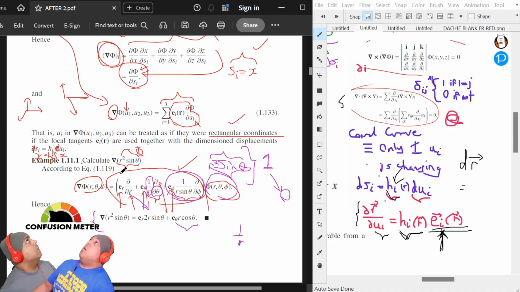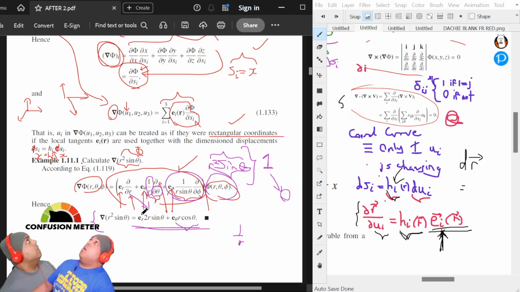So the gradient of the scalar field r squared sine theta is 2r sine theta in the e_r direction plus r cos theta in the e_theta direction, and 0 in the phi direction. Nothing in the phi direction.